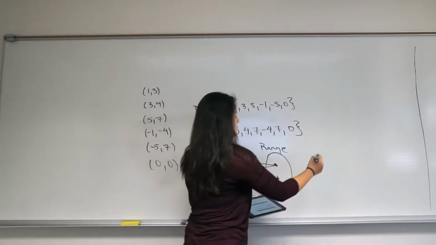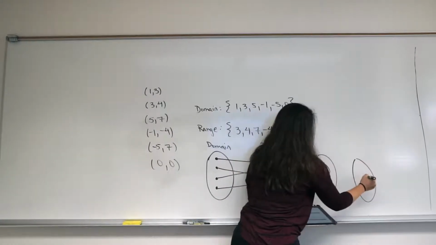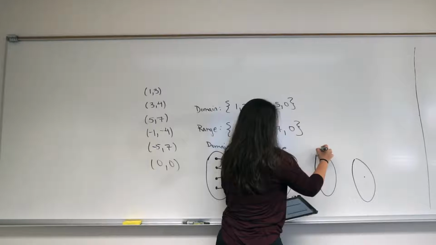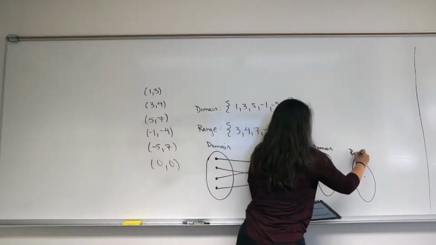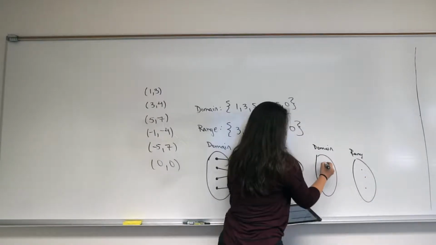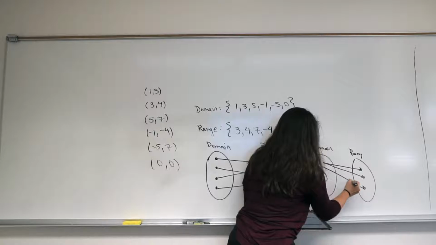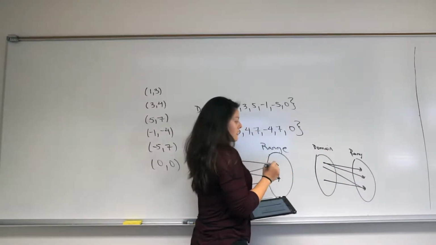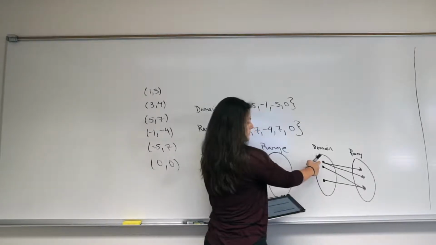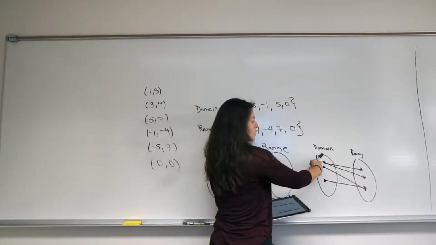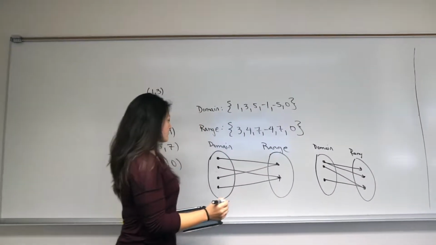But now if I gave you something like this, now we have a problem here, and this is no longer a function because you can see here this element in the domain goes to 2 different elements in the range.